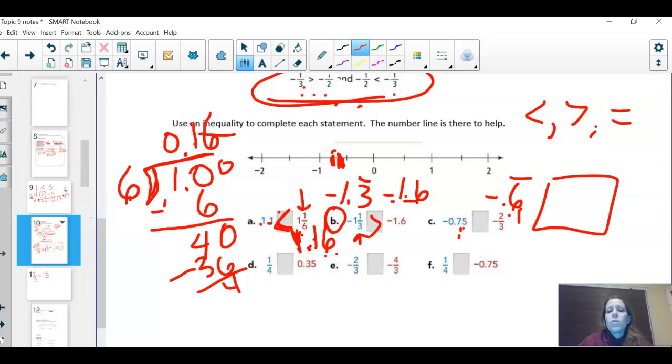Okay? Si yo estoy escribiendo este a mi recta numérica, negativo 0.75 centésimas es probablemente aquí, y negative 2/3, y este es igual a negativo 0.6666, probablemente aquí. Y entonces este es a la derecha, y entonces este es más grande.